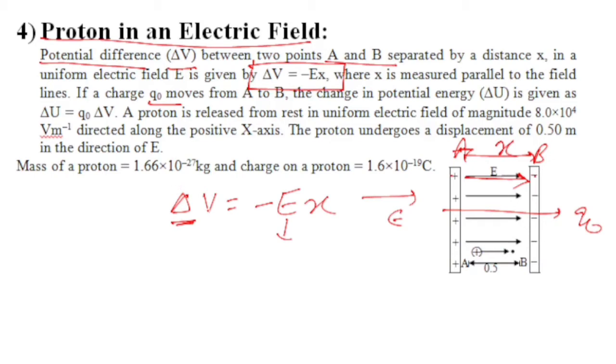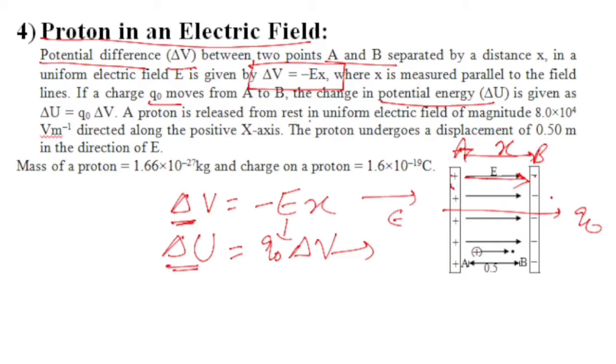It is given as delta V equal to minus Ex. Now, if Q naught charge moves from point A to point B, then there is a change in potential energy that is given by delta U equal to Q naught into delta V, where delta V is potential difference between A and B, and delta U is change in potential energy.